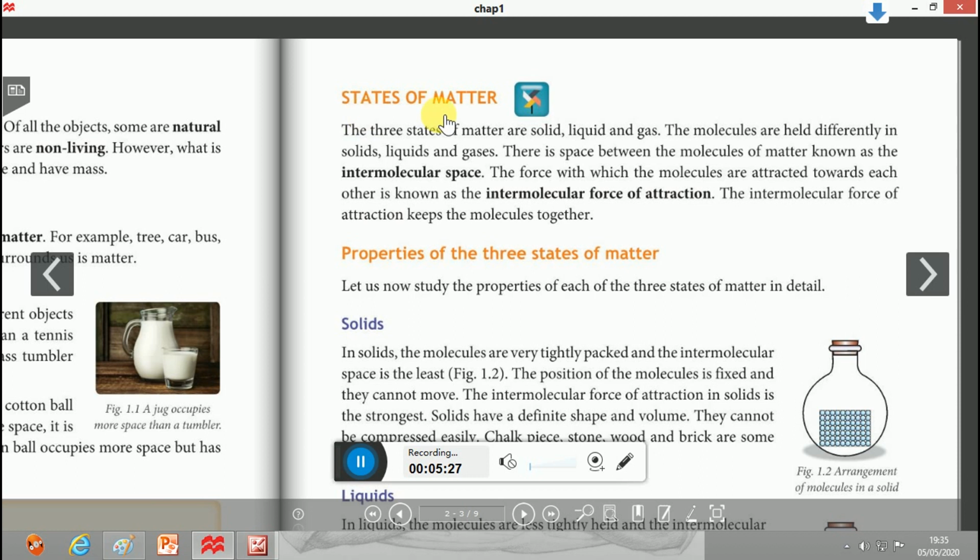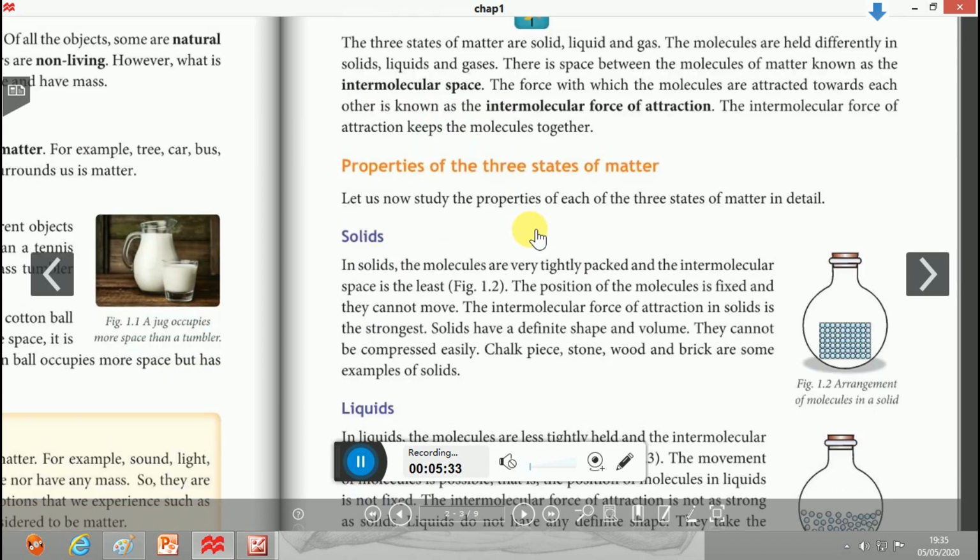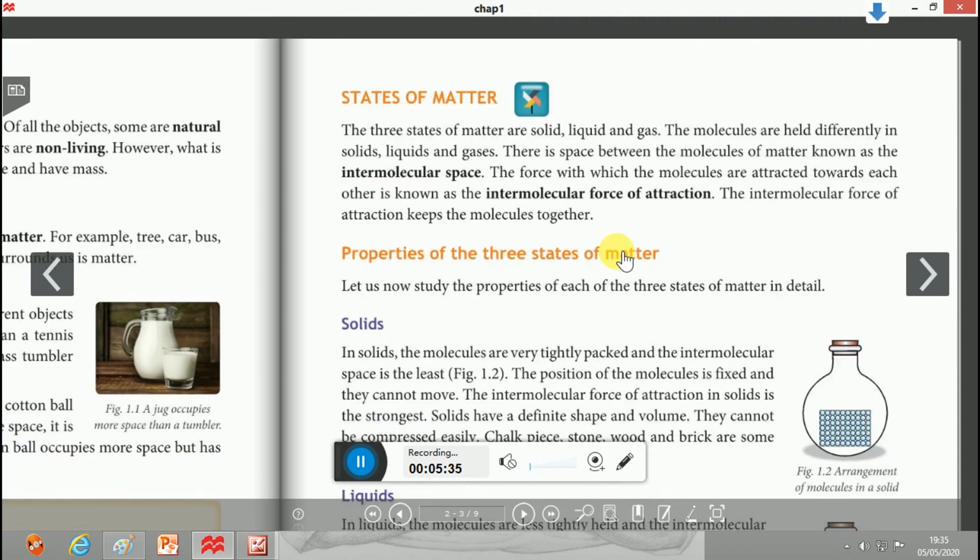Now we'll observe the states of matter. The states basically are of three types, but the total states of matter are of five types: solid, liquid, gas, plasma, Bose-Einstein condensate, which means BEC.